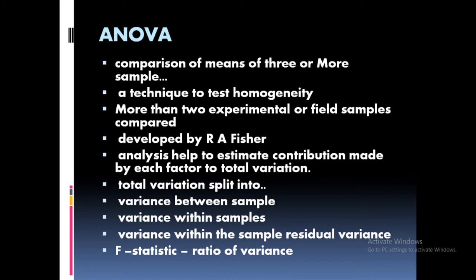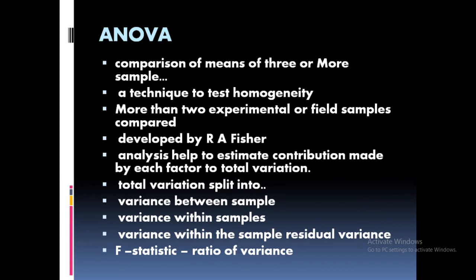For example, 4 varieties of wheat are sown in a plot and their yield per acre was recorded. We want to test the null hypothesis. What is a null hypothesis? That the 4 varieties of wheat produce equal yield.